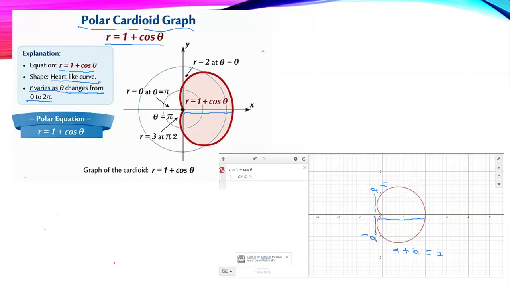You add a and your b, a plus b, and that will give you your 2. So the distance here is going to be twice what's going up here. Sorry about that. Moving on to the next slide.